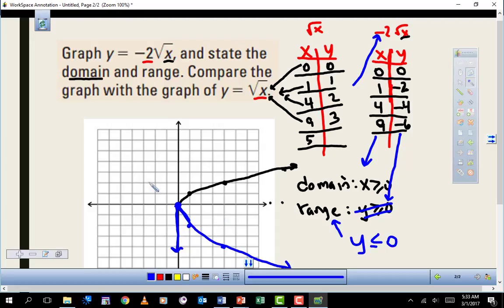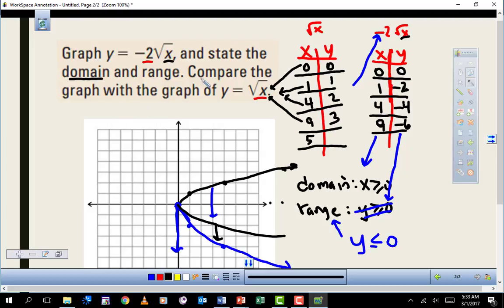And it causes the parent function to be reflected across the x-axis. So this one's like flipped. But if that were the only case, it would be flipped to be right about here. And what we see is that this has been stretched down the vertical axis. And so there's not only a reflection, there's also a stretch in the vertical direction.